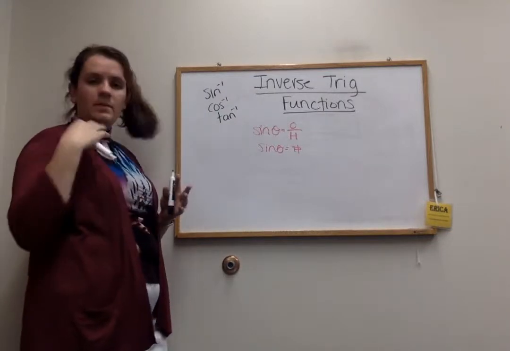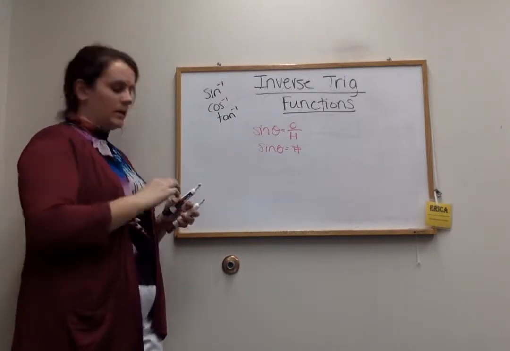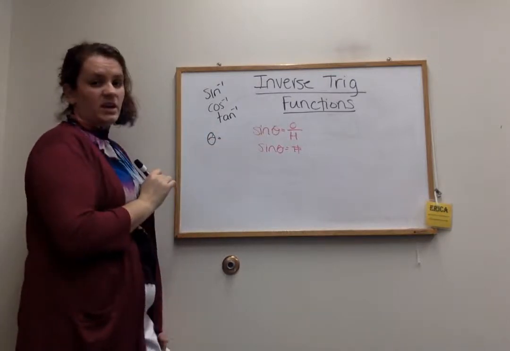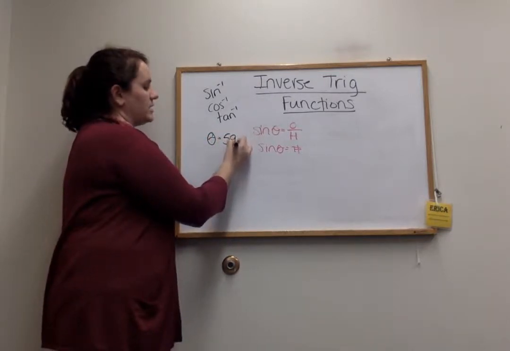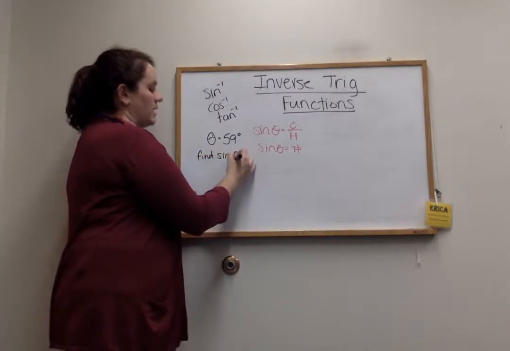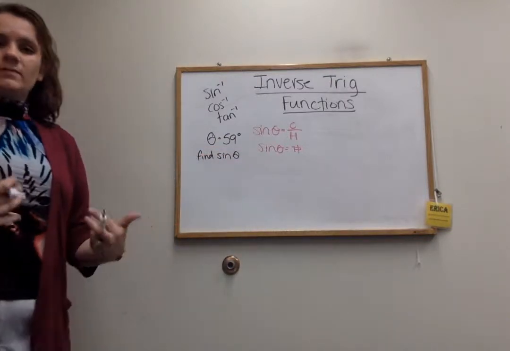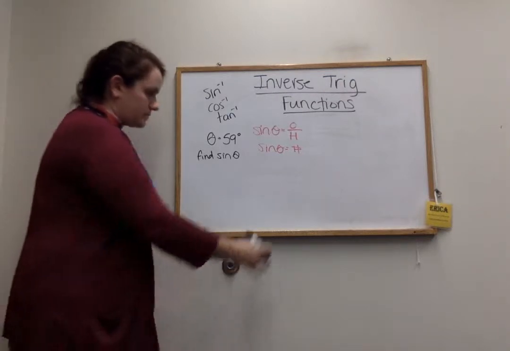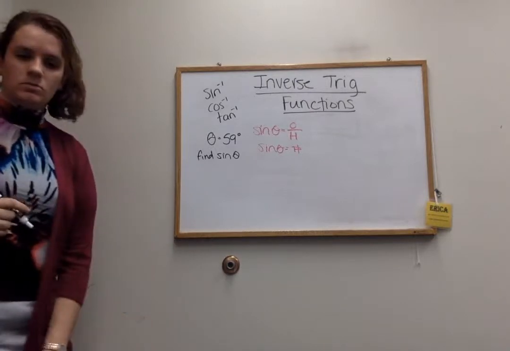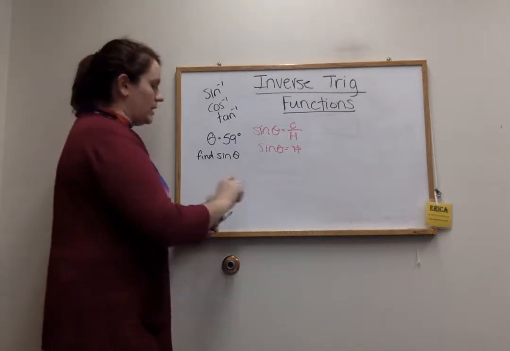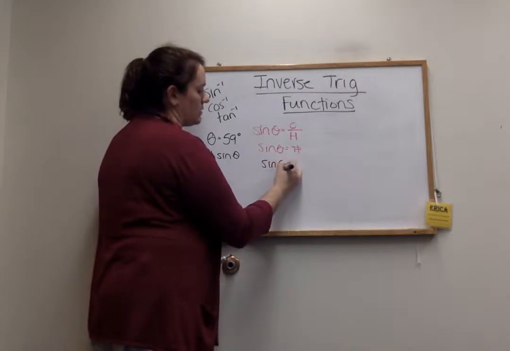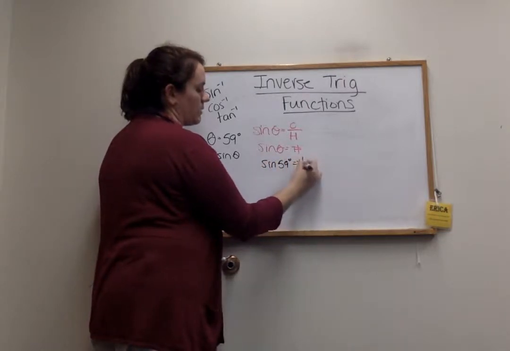And in some of the problems that we've looked at with the calculator, you're given something very simple like theta, your angle is 59 degrees. Find the sine of theta. And that's a very straightforward problem. Okay, we take our equation, sine of theta is equal to a number. We plug in our angle. So the sine of 59 degrees is equal to some number.